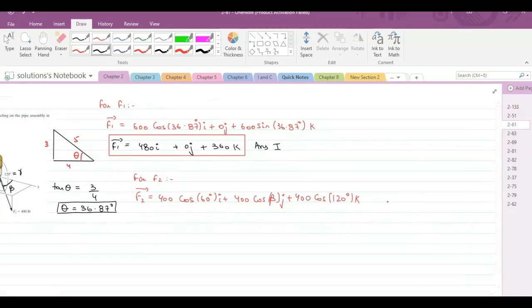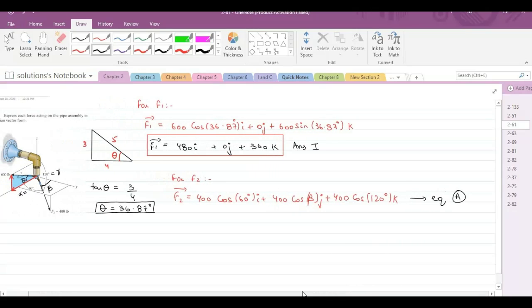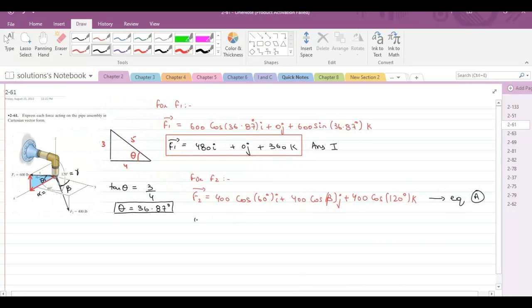Let's call this equation A. Now we have to find the angle beta. For beta, we are going to consider the identity cos square alpha plus cos square beta plus cos square gamma equals 1.